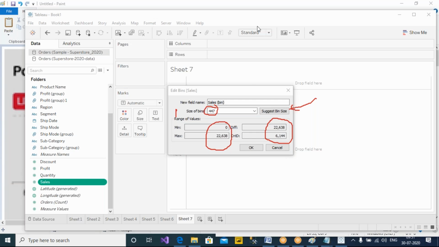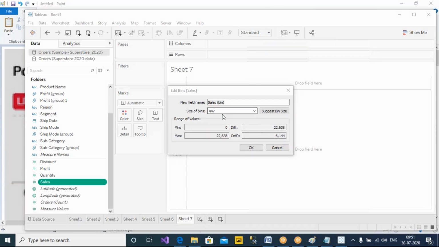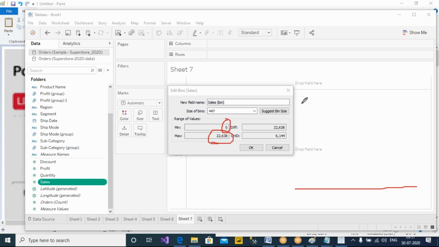So maybe that's a new change here. And observe the range of values. You got the minimum sales as 0, that means a starting one. Maximum sales 22,000.